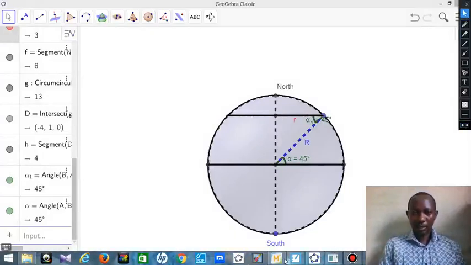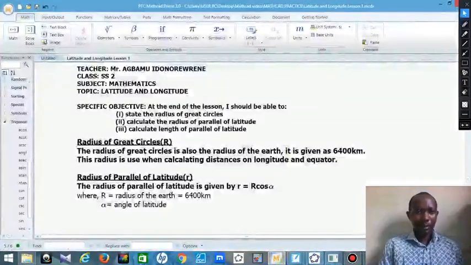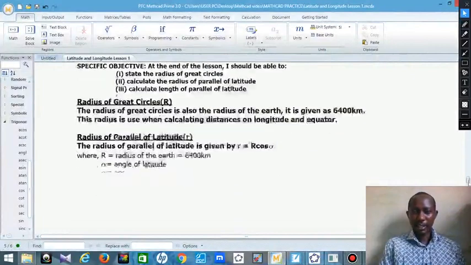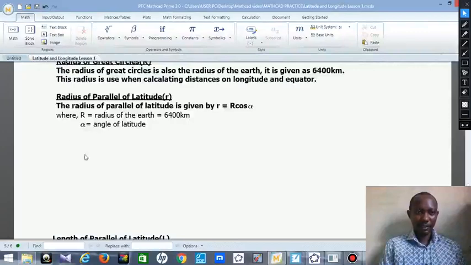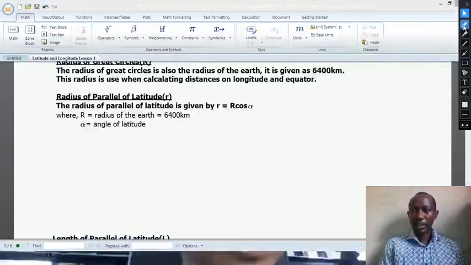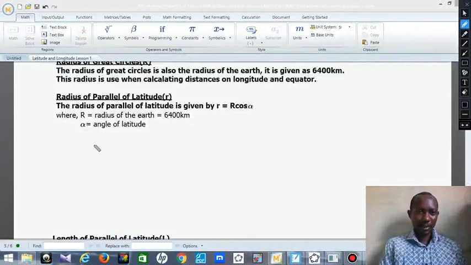Okay, let's go back to our write-up. So this is what we are talking about. So all we did here to get the formula is not difficult. It's just this. Remember the sketch we had the other time. Let me sketch it here. Something like this.